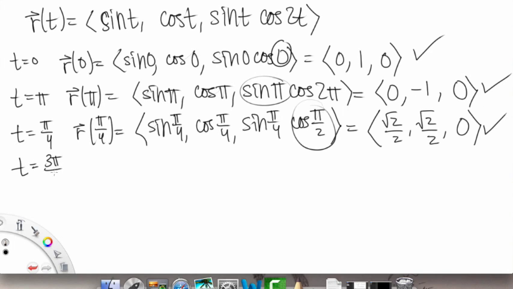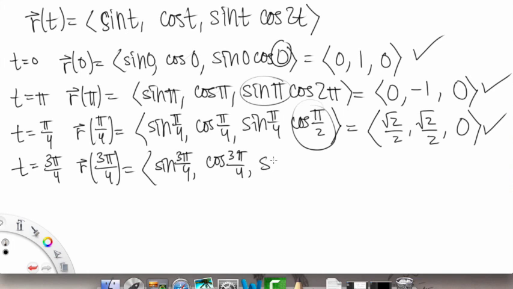So we have t equals 3 pi over 4. So let's try this one. This is going to equal sine 3 pi over 4, cosine 3 pi over 4, and then sine 3 pi over 4, and cosine 3 pi over 2. All right, so sine 3 pi over 4 is the same thing, right?